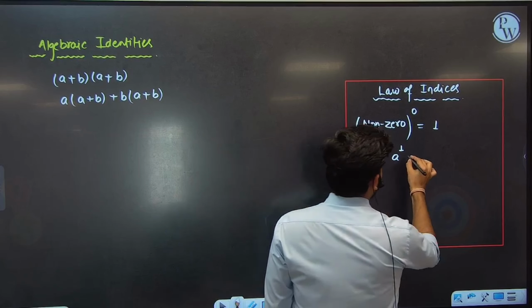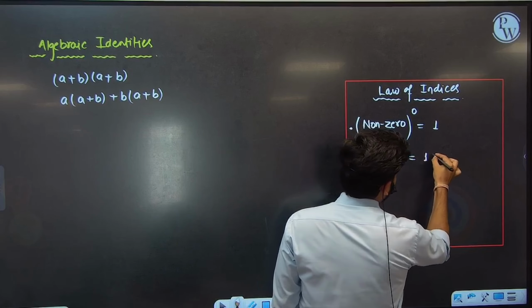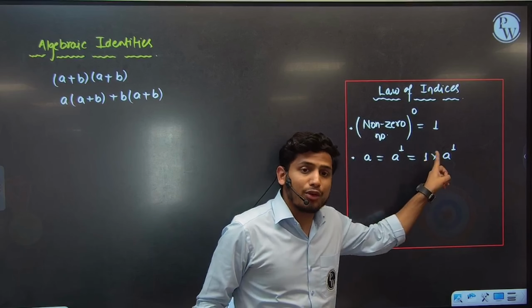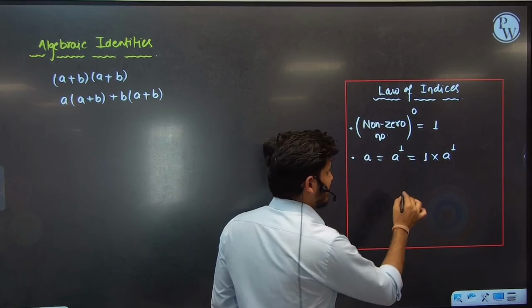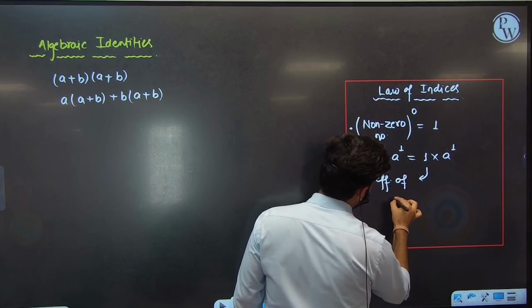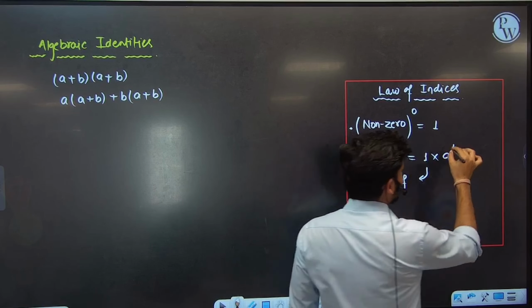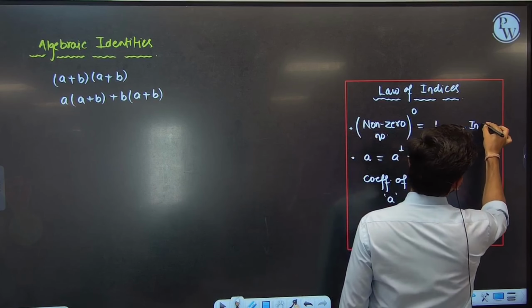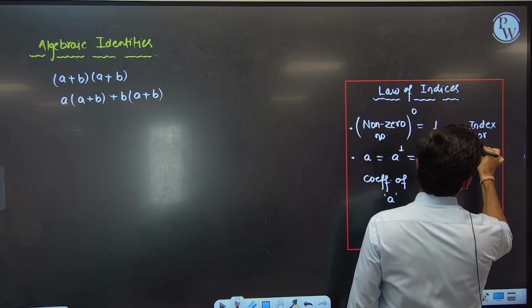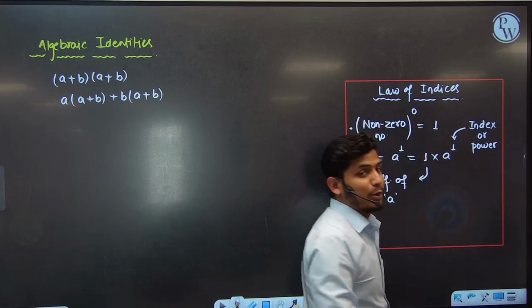Now I can write it in this form also. So here 1 is the coefficient of a. And this is the index, and the plural is indices, or power, or exponent also.